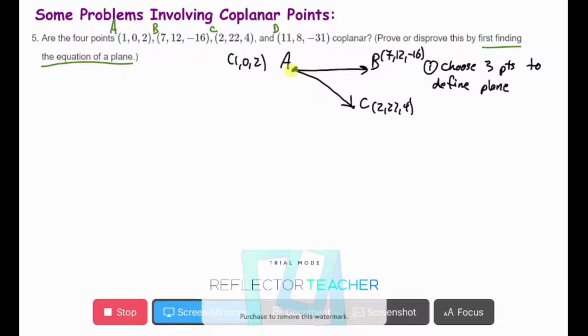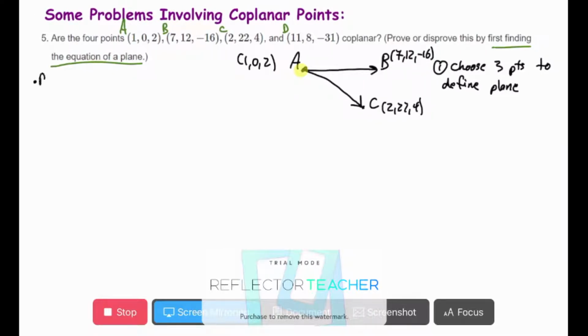So we're choosing 3 points to define a plane. So we're going to need a point, and we're going to need our direction vectors. For my point, I'm choosing to use point A, so 1, 0, 2.